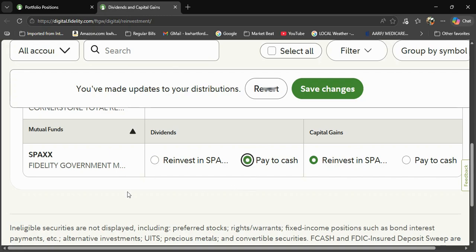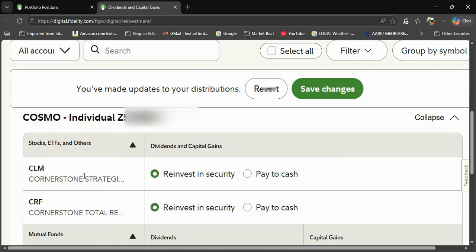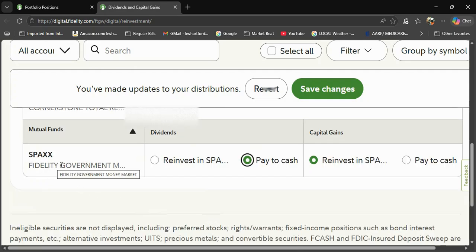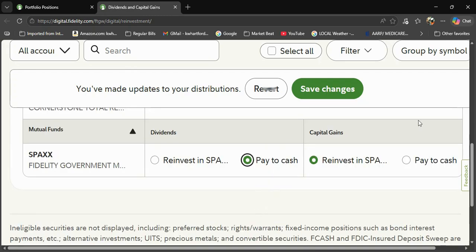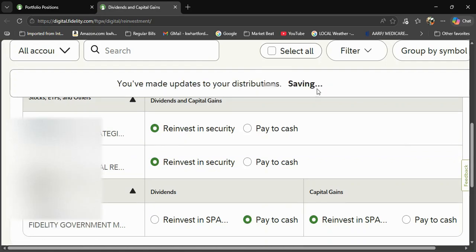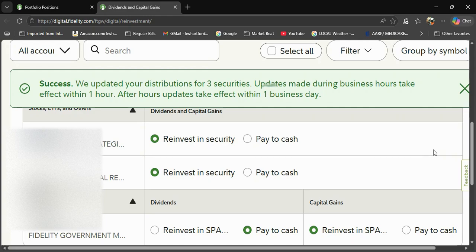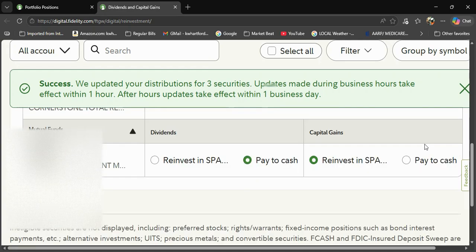So as far as the Cornerstone stocks, you want to reinvest in security on both. Any excess cash you want to pay to cash, and it'll show up in your account as cash. Okay, so that's very important. Also, saving changes is important because it won't take effect if you don't.